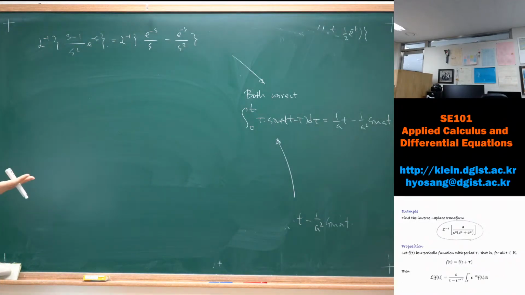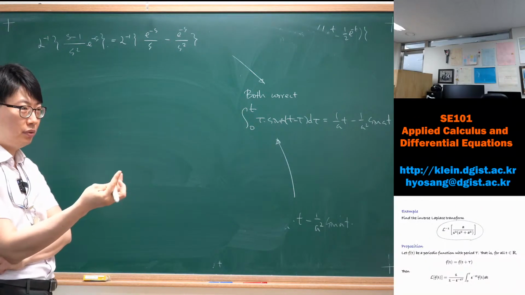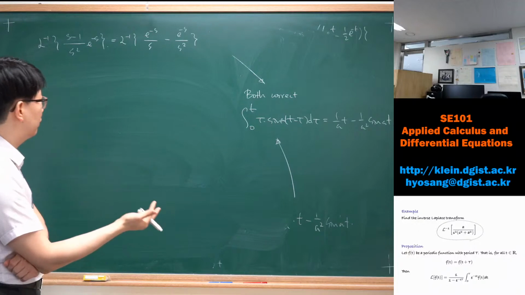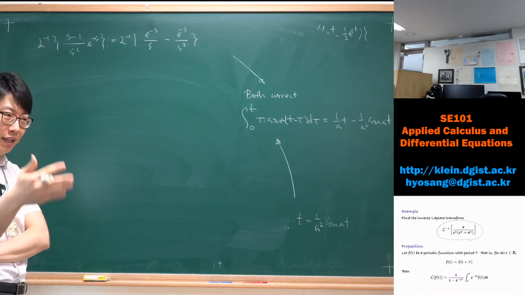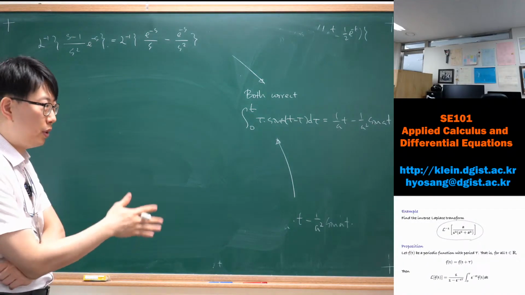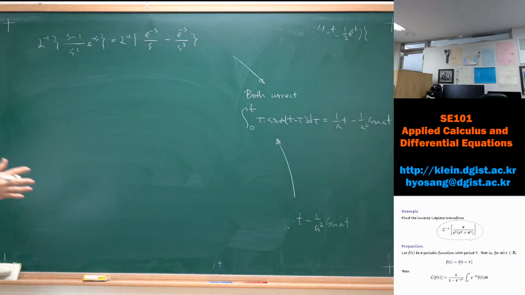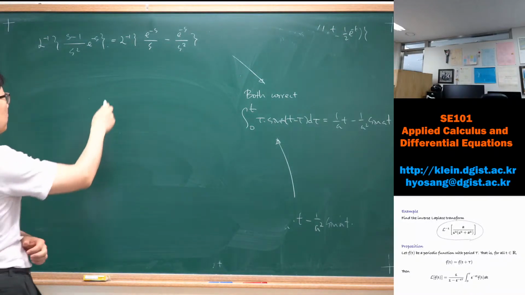So whenever you have a multiplication of two functions in terms of s, the convolution is the last formula that you have to use. Try the other formulas before the convolution to find the inverse Laplace transform.